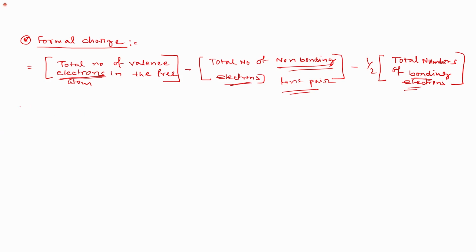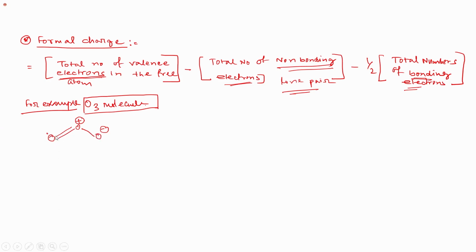If I take an example, the O3 molecule, this is ozone. First of all, you have to know the structure of the O3 molecule. It will have a positive charge and a negative charge. The neutral oxygen has two lone pairs.